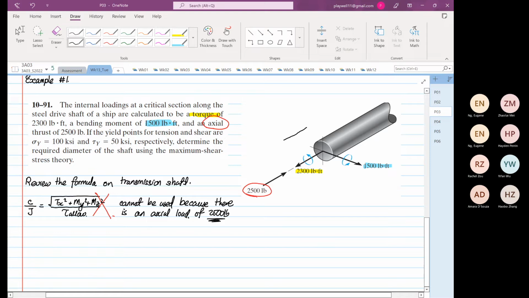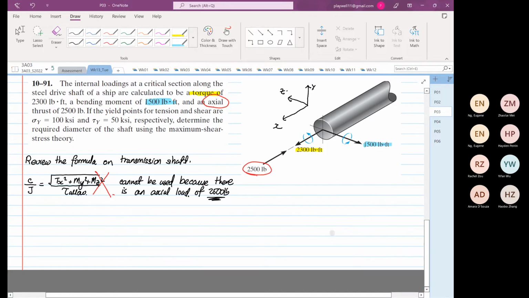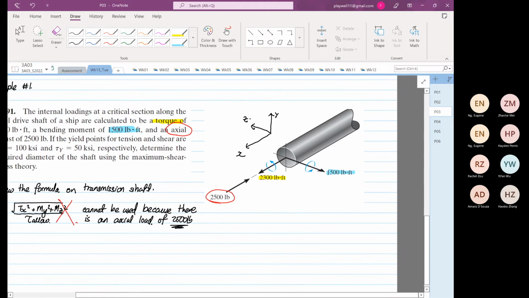So we draw, this is our X, this is our Y, and over here that is our Z. So if we look at our loads, I'm going to copy this.